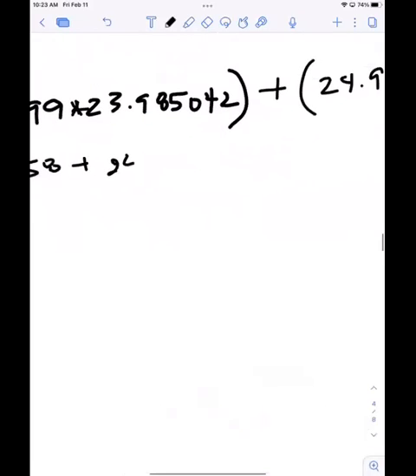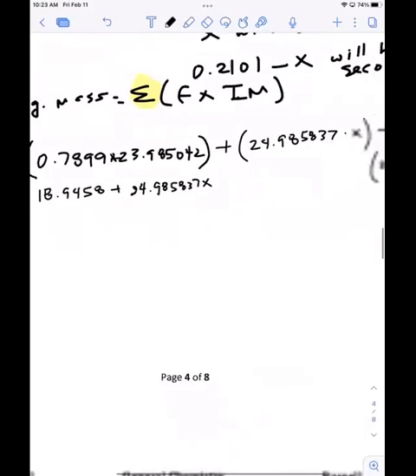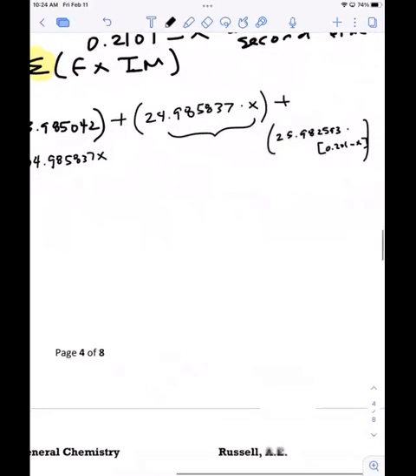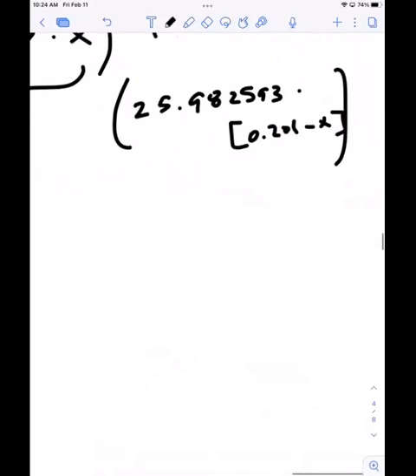Let me zoom in. 24.985837 X. Is that right? Because that's that second term. And then we've got to distribute this one.